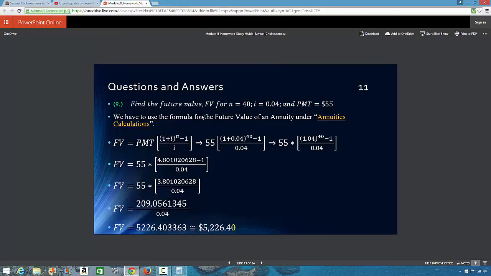Question 9 is future value, and this is the formula you use. You still get it under this. Okay. This future value formula, let us use the calculator to do it.